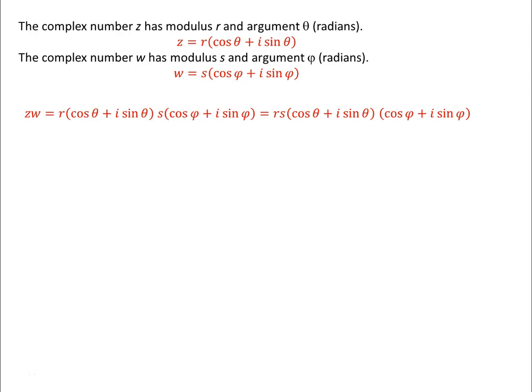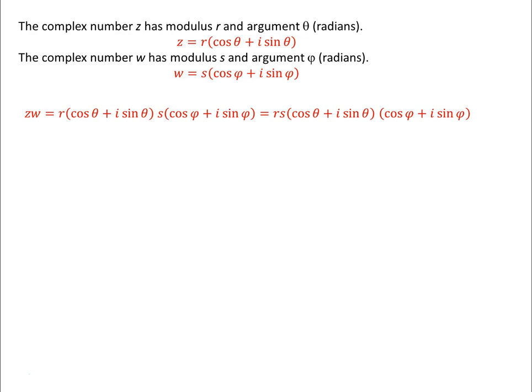Now if we multiply out the double bracket, we're going to get cos theta cos phi plus cos theta times i sin phi plus i sin theta cos phi plus i squared times sin theta sin phi.